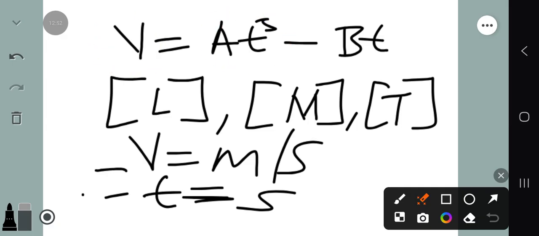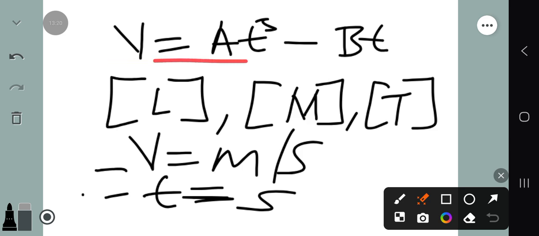And separately, we can derive the equation between V and BT. That is the meaning of it can only derive one part of an equation. Meaning, this V can be related to AT cubed. Again, this V can be related to BT. Hope you understand what I mean.